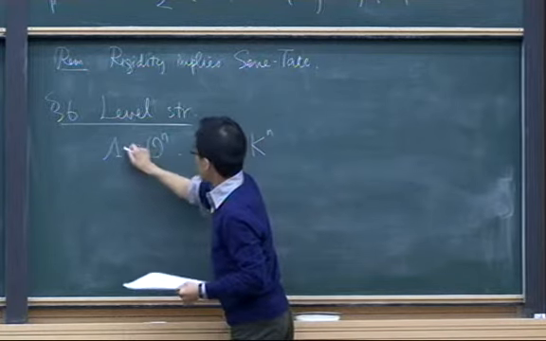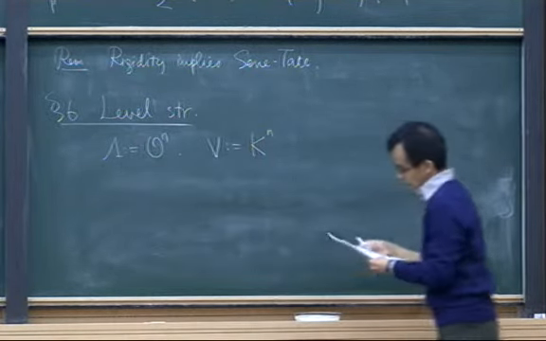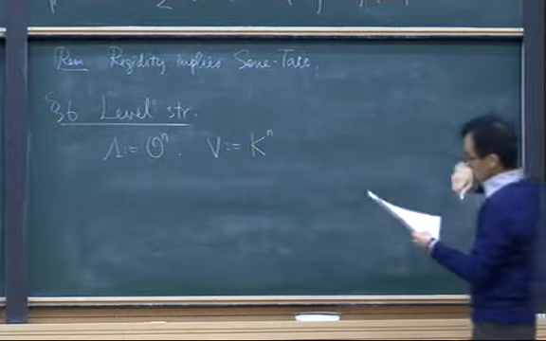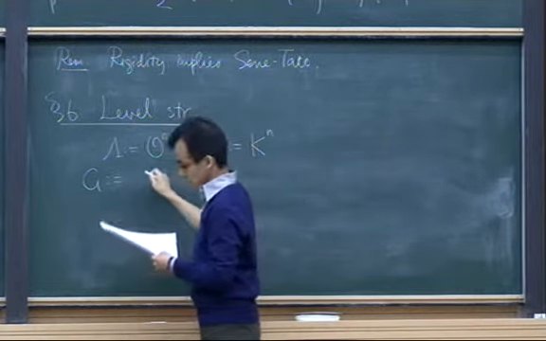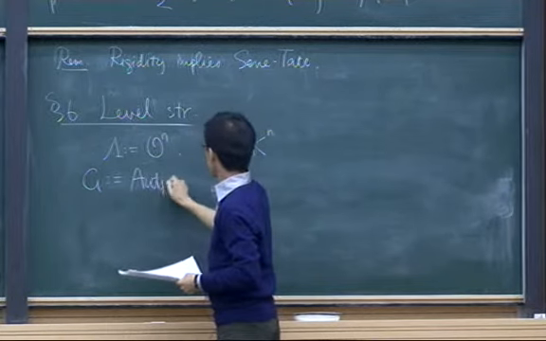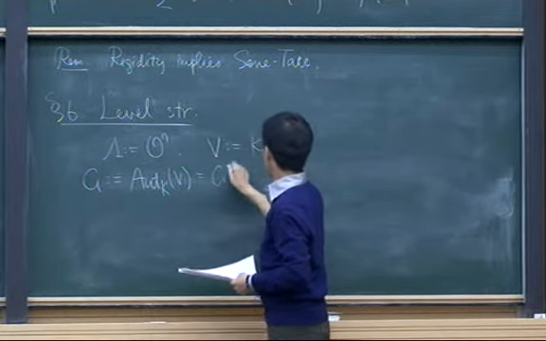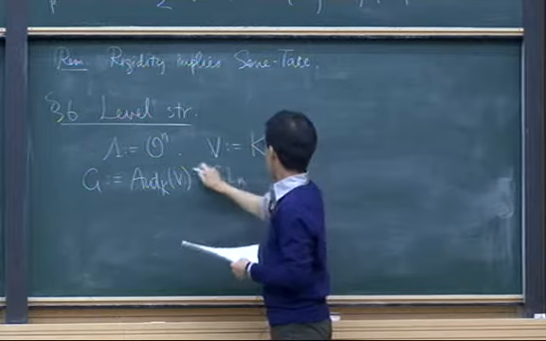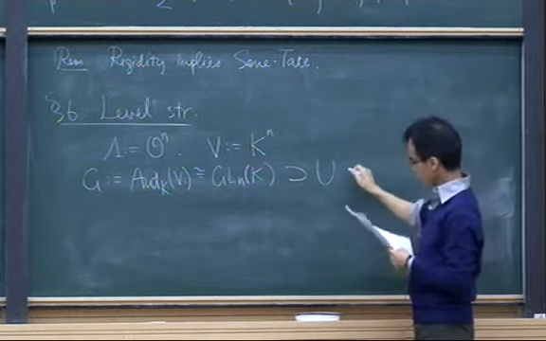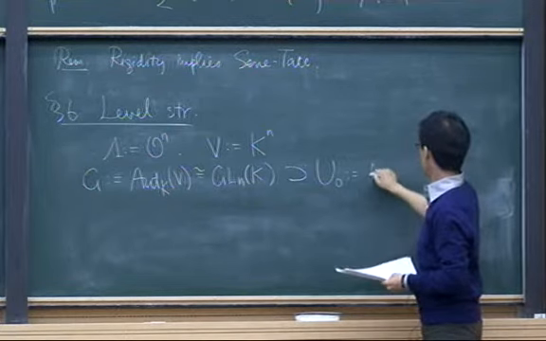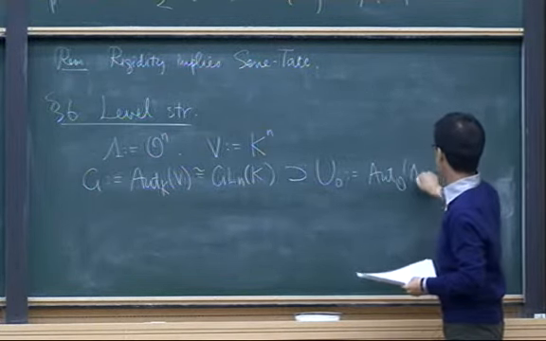So lambda is the rank n O-module. V is the rank n vector space over K. G is the GL_n of K. And U_0 is the automorphism group of lambda.